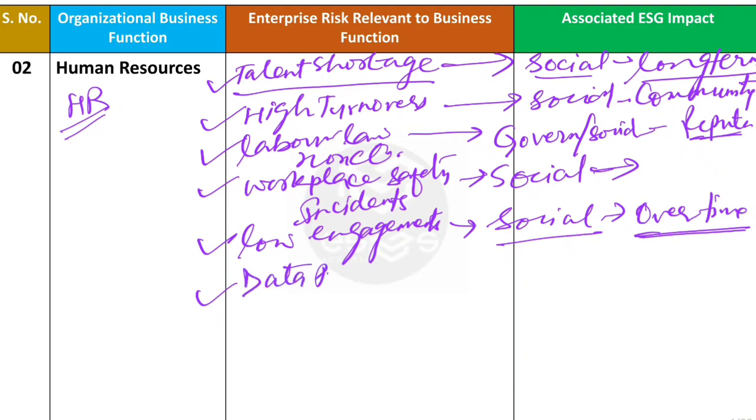Then we come to the next risk, something related to privacy. Data privacy related risk. This can happen because of unauthorized access to employee data, which breaches trust and compliance. And this we consider under the governance and social pillars, where the ESG impact will be related to harming employees because of privacy violations.